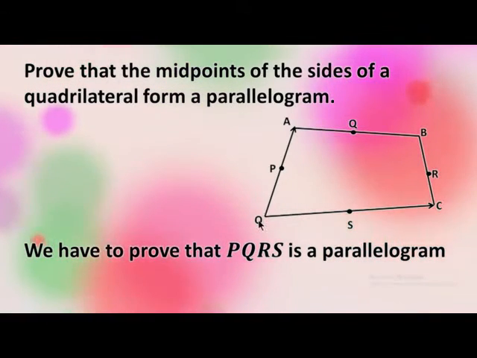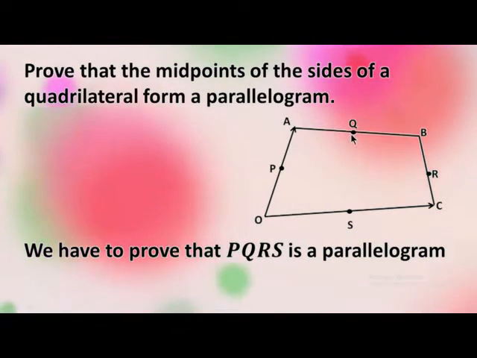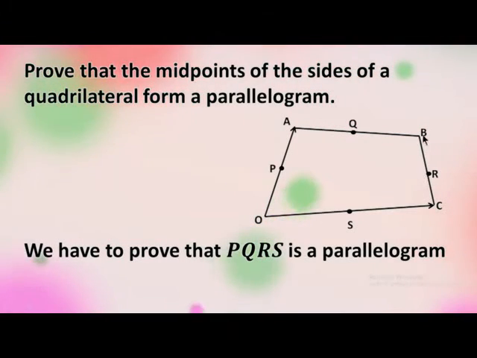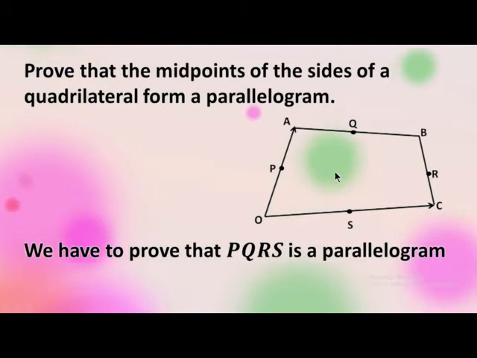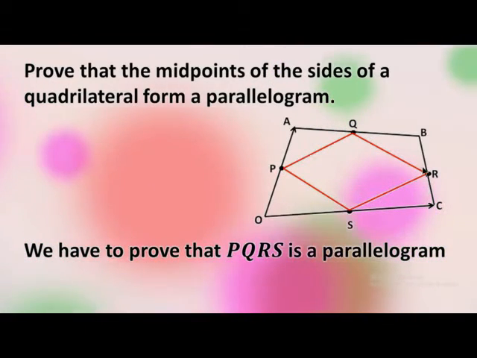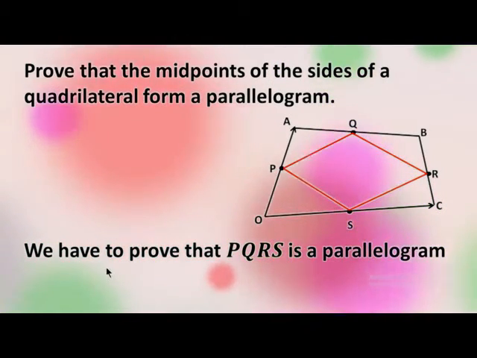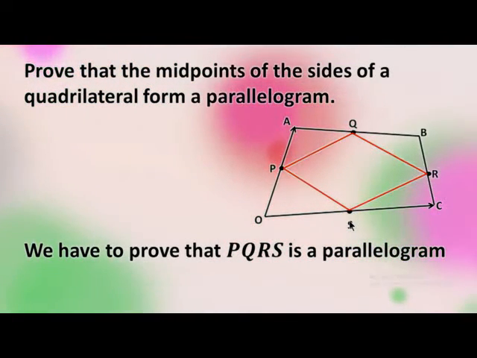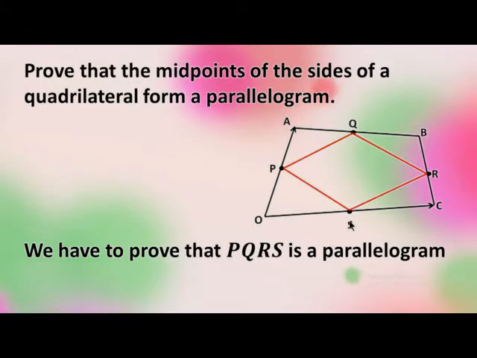P is the midpoint of OA, Q is the midpoint of AB, R is the midpoint of BC, and S is the midpoint of OC. So we're going to form a parallelogram based on these points. We have to prove that PQRS is a parallelogram. How to prove it?